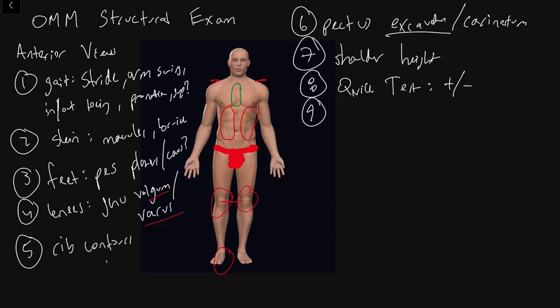Moving on from the quick test, the next thing we check is the TMJ. This is the joint that is just anterior of those ear canals on both sides. So basically the TMJ is going to be right there. What you would do in front of your patient is palpate in front of their ears.